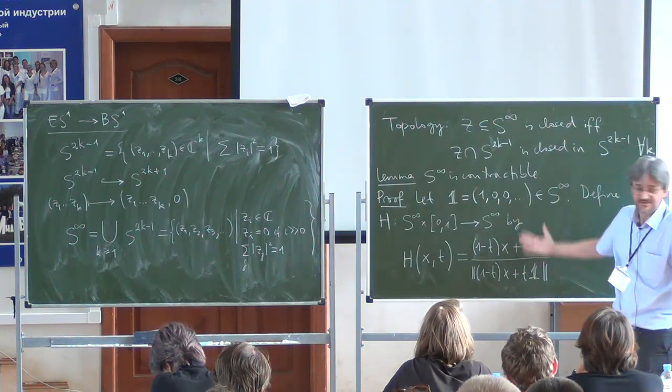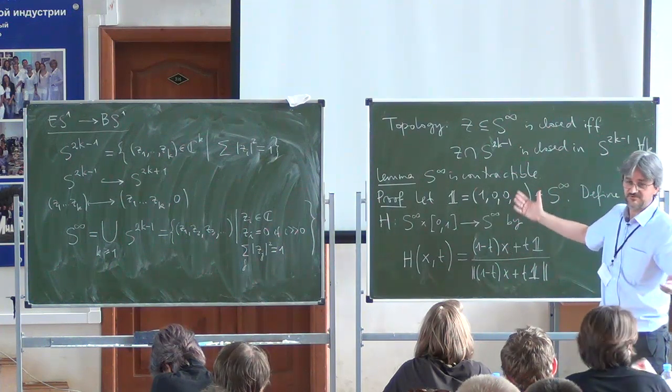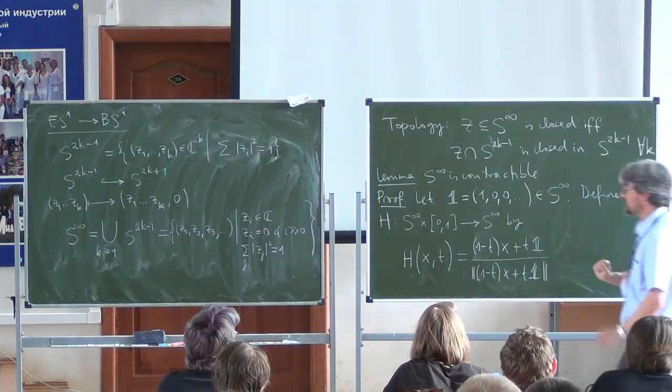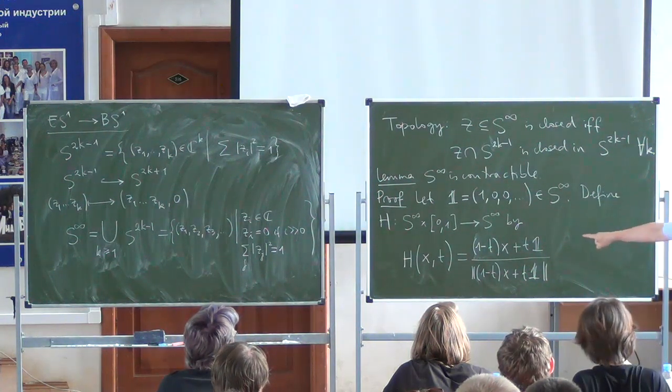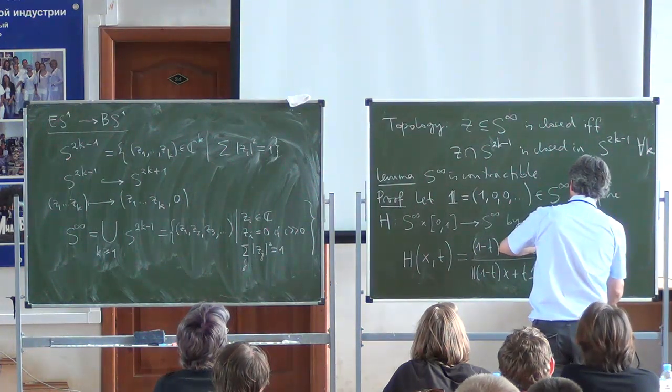And of course, if this worked, then you would conclude that all finite dimensional spheres are contractible, and of course they are not. But since we are in infinite dimensions, we can repair this idea and add the following term.